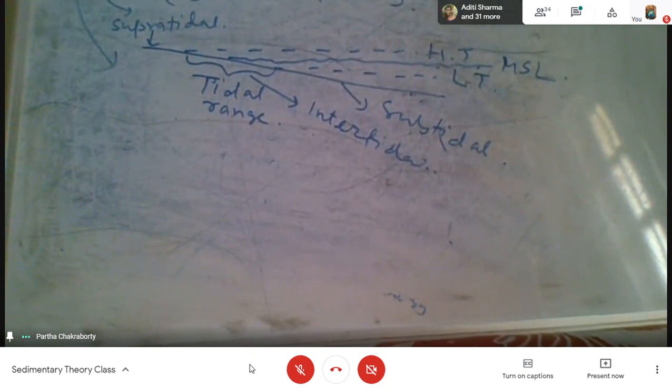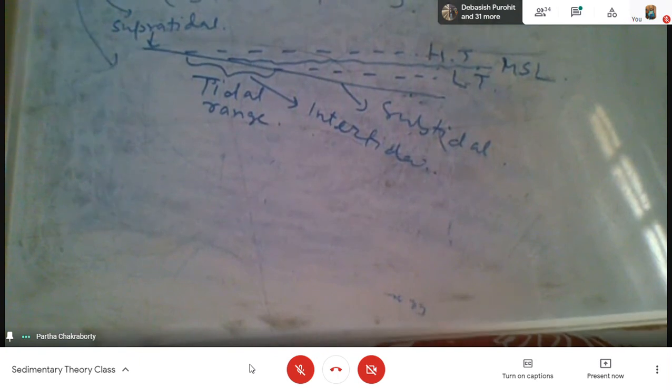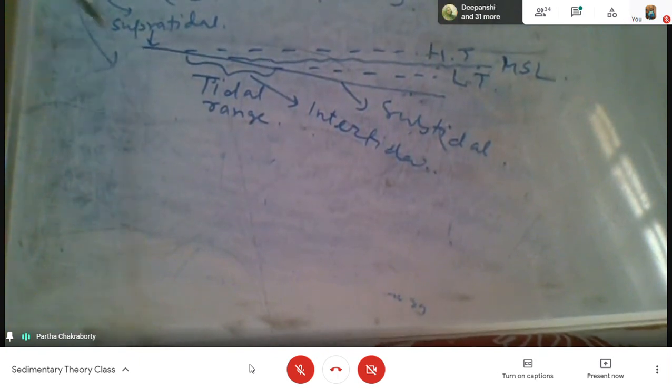Now, what is the most low energy environment among the three? Among the three, the most low energy environment is supratidal, because it normally does not get affected by regular high tide or low tide.